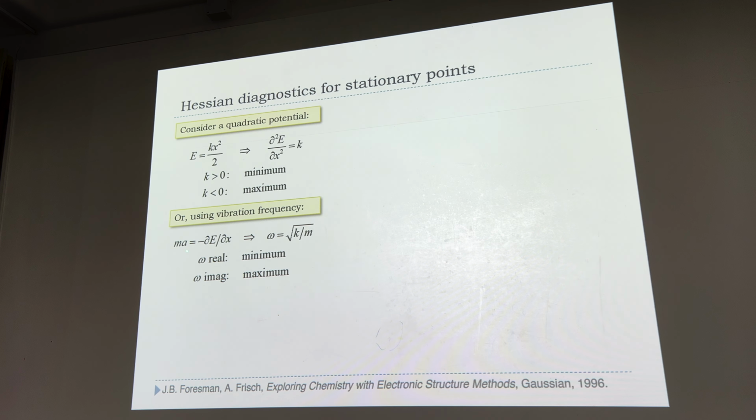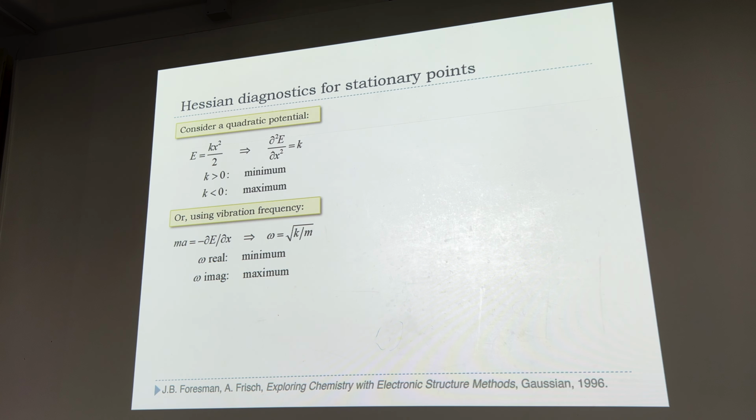So ma is the derivative of that, and those of you who did classical mechanics or vibrational spectroscopy would remember that after a little bit of math, you arrive at the expression for the vibrational frequency. And then if k is positive, then this root is real, and then we have a minimum, and if k is negative, then the root will be imaginary, and then we have a maximum. So it's a different way of defining things.